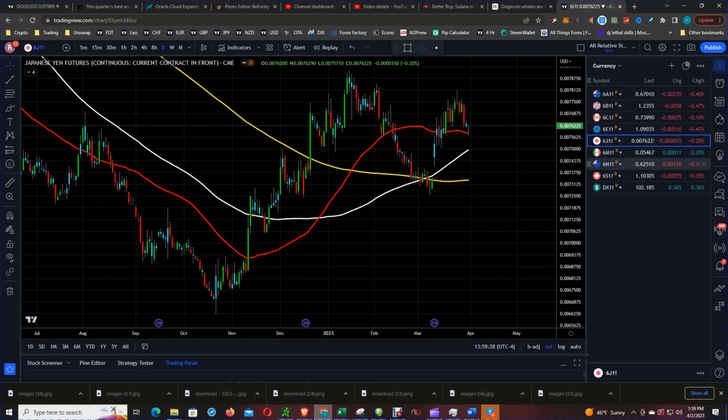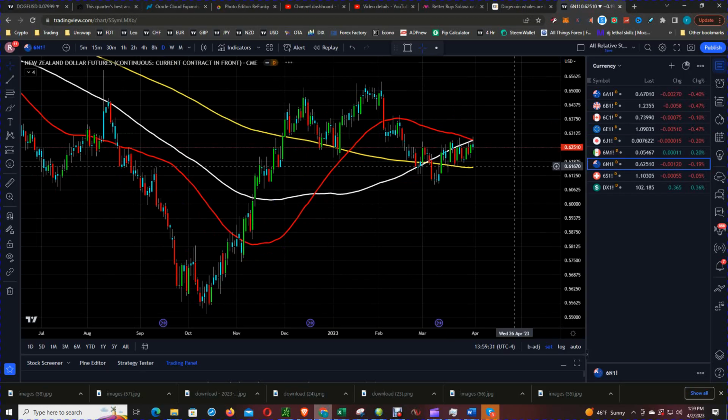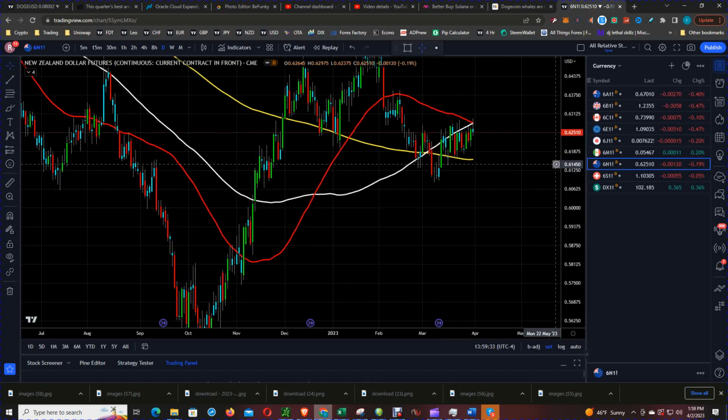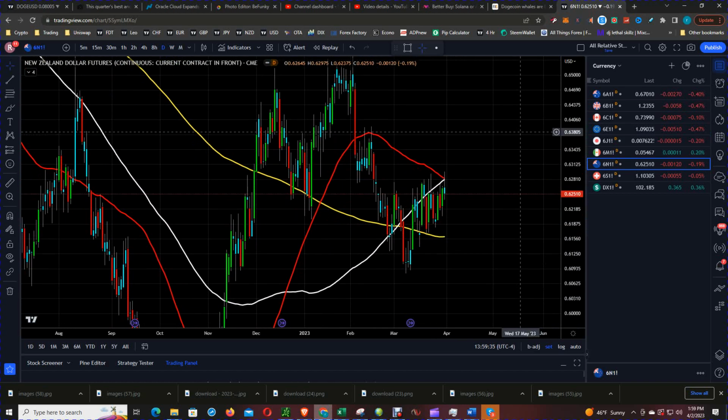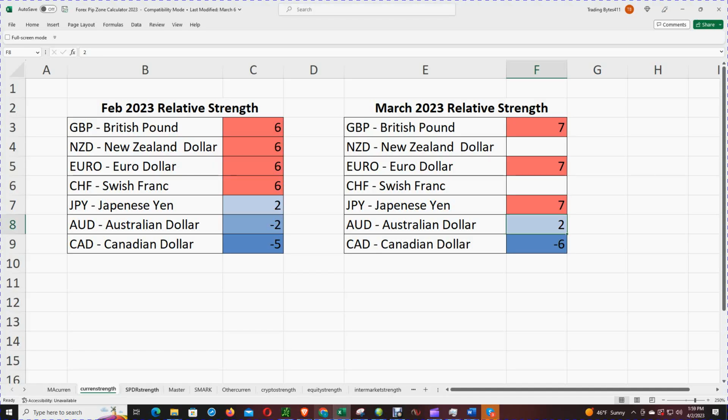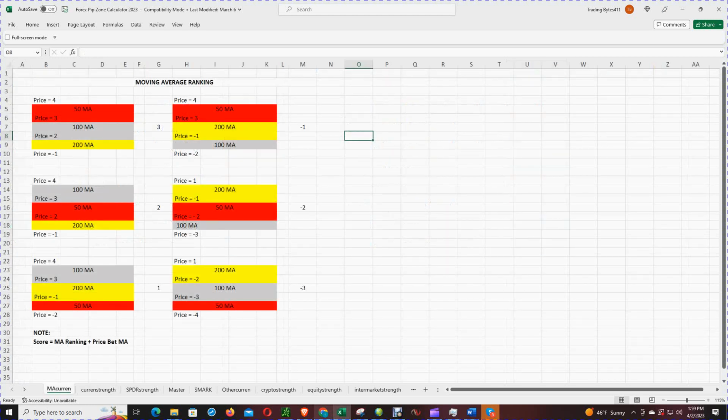is the New Zealand dollar. Zooming this up a bit so we can see that the 50 is still above the 100. So the orientation of the moving averages, we have the 50, 100, 200, price is between the 100 and the 200. So if we go to the ranking system, price is between the 100 and 200.